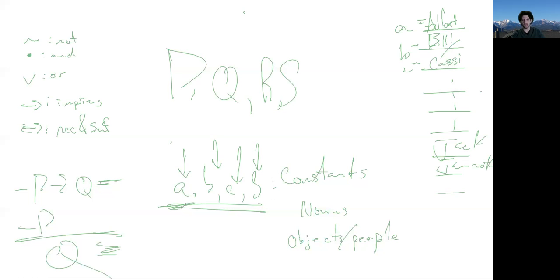So anytime you see A, you're not going to confuse it for sometimes being Jack and sometimes being Albert. That's just Albert's new name, or whoever you assigned that letter to. Right, so we have this list of people, and every person has a name, and that's going to be all these letters at the beginning of the alphabet.